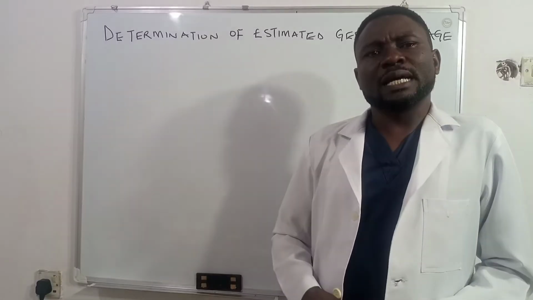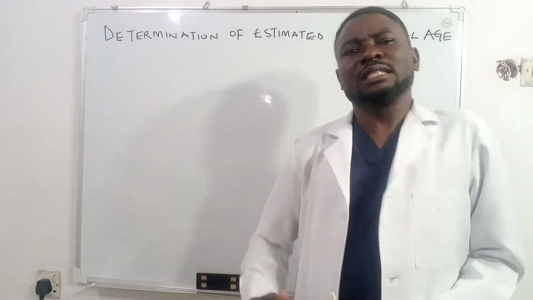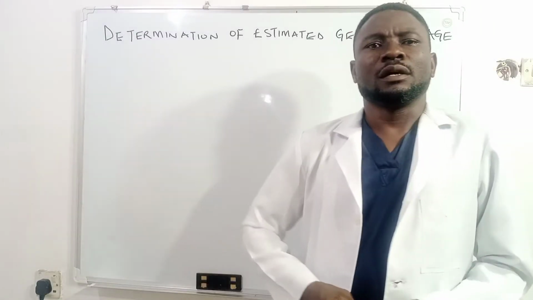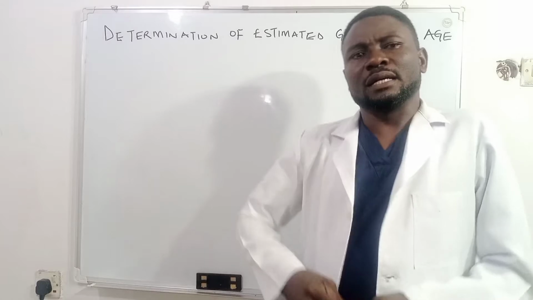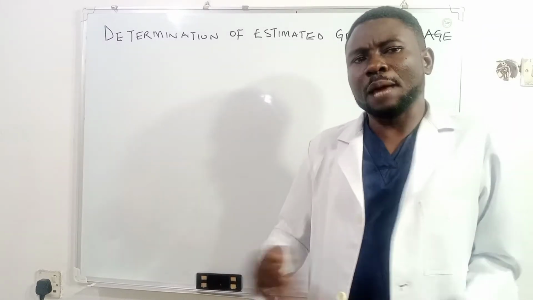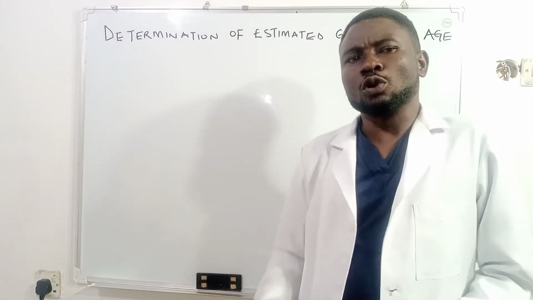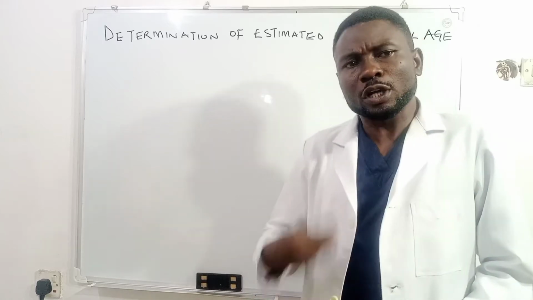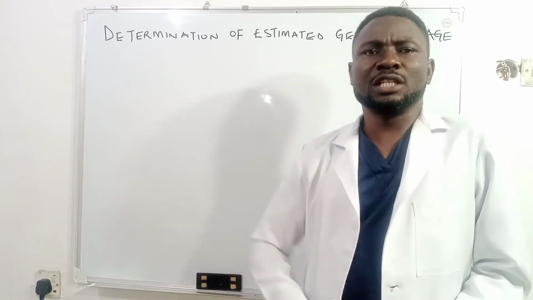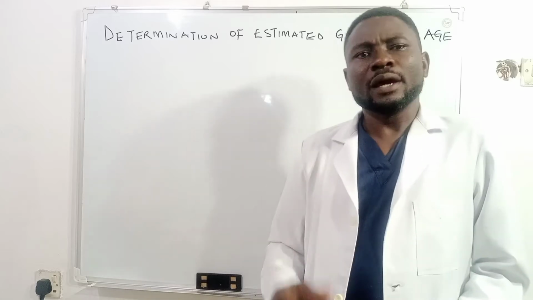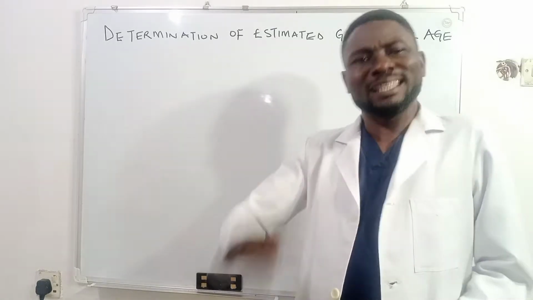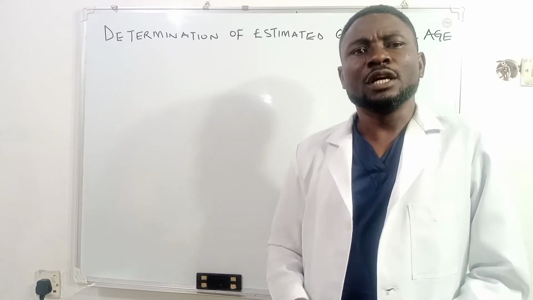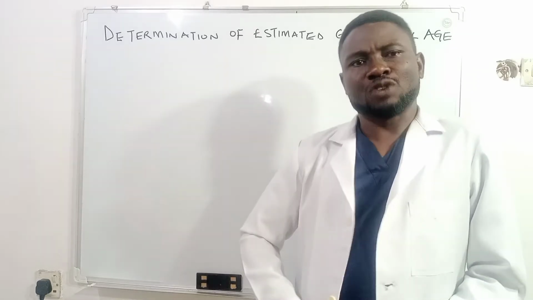Usually, during pregnancy, the woman must have menstruated previously before she became pregnant. And so, at any given time of the pregnancy, she wants to know how old this pregnancy is. And so she has to equally remember the last day she menstruated. And here, emphasis is on the first day of menstrual bleeding during that last menstrual period.